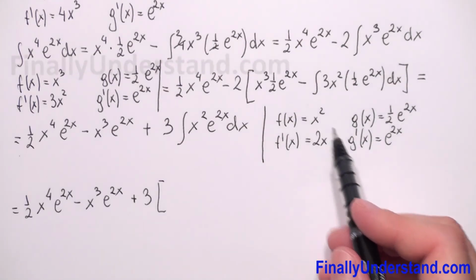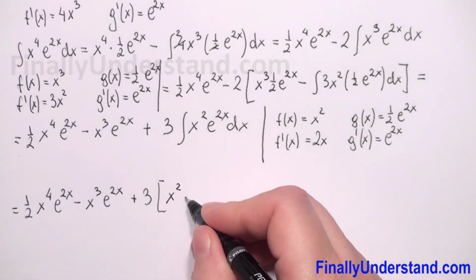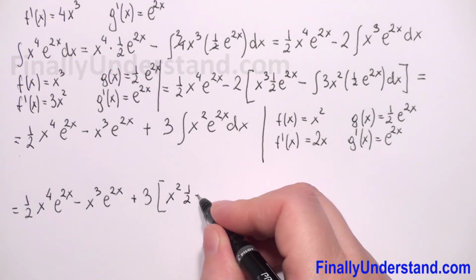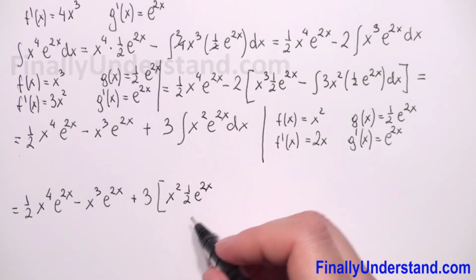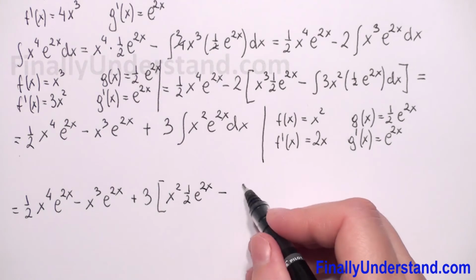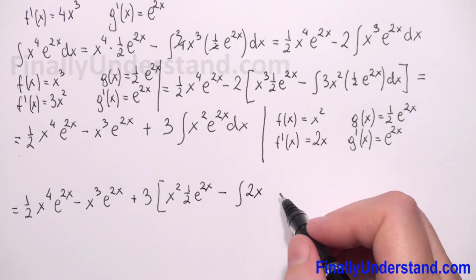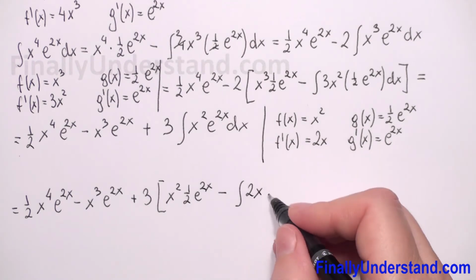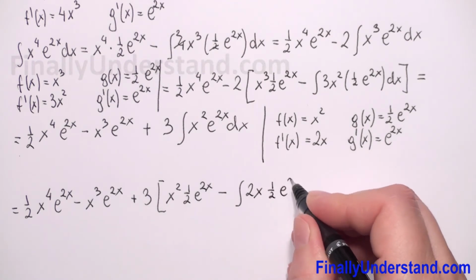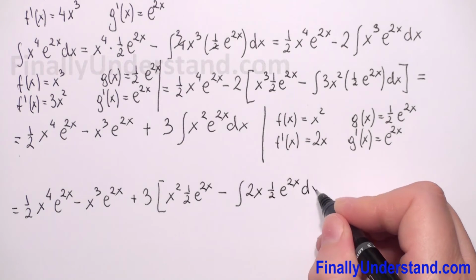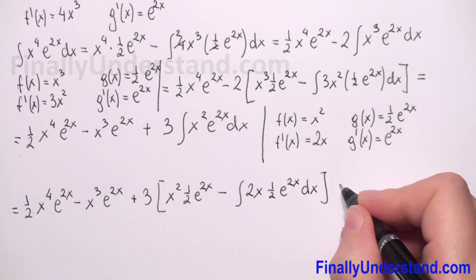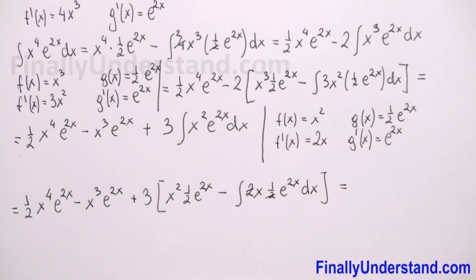So now we have x squared times 1/2 e to power 2x minus, and now we have the integral of f prime, which is 2x, times g. g is 1/2 e to power 2x with respect to x. So this is equal to, and 2 we can reduce.